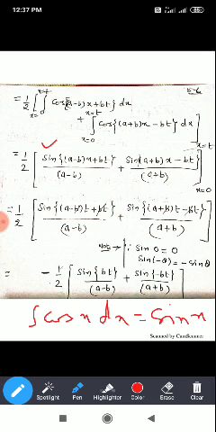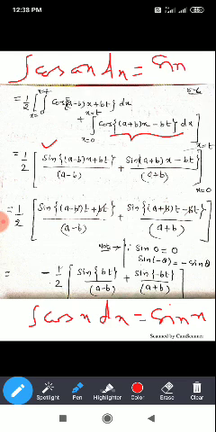The second term, cos((a plus b)x minus bt), after integration is converted into sin((a plus b)x minus bt) upon a plus b. So here is the formula: the integral of cos ax dx is equal to sin ax upon a.